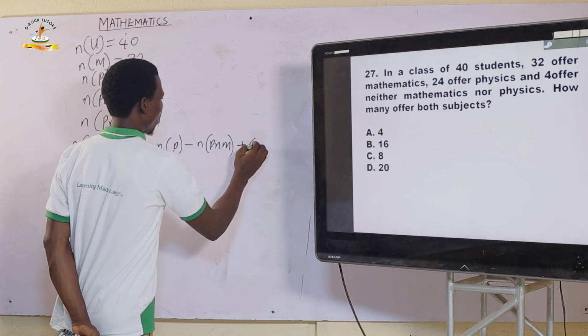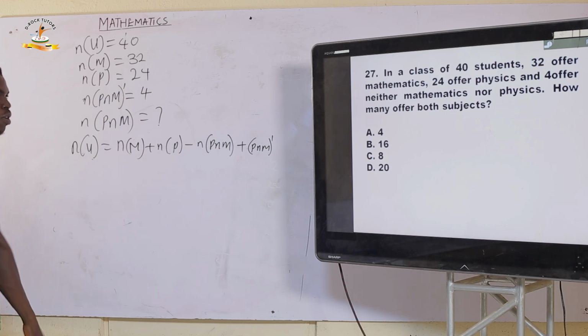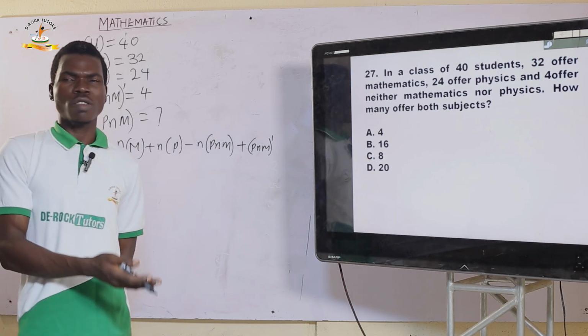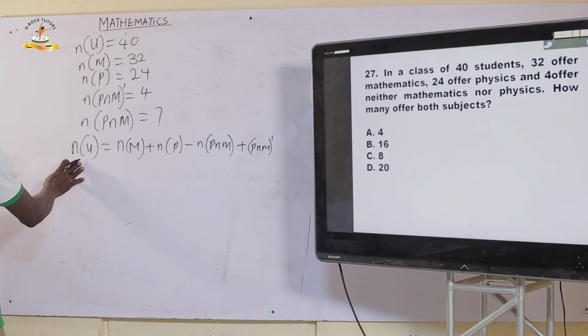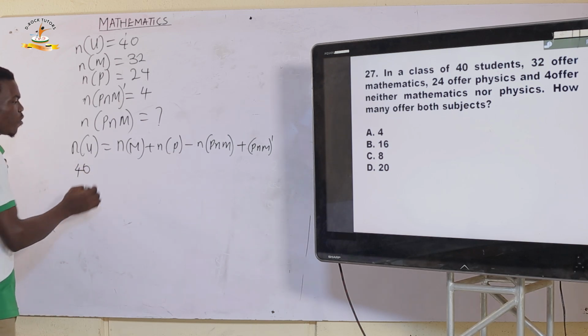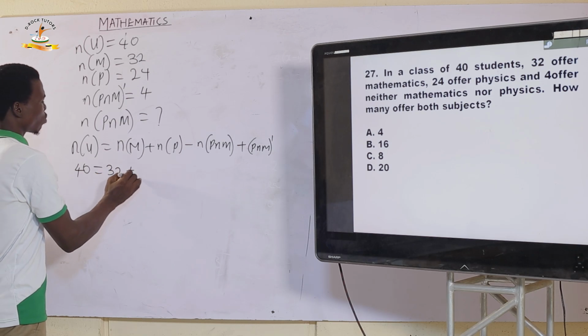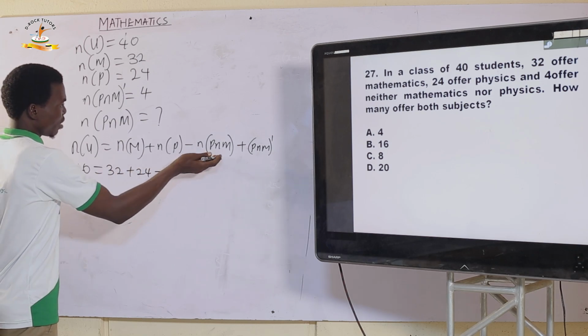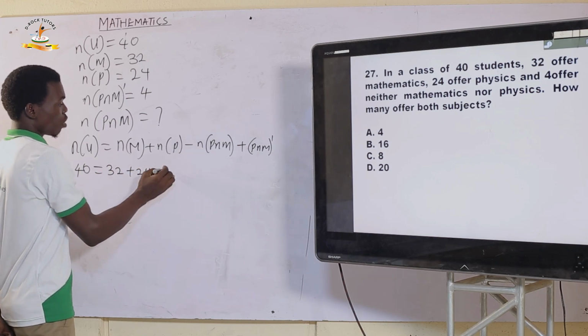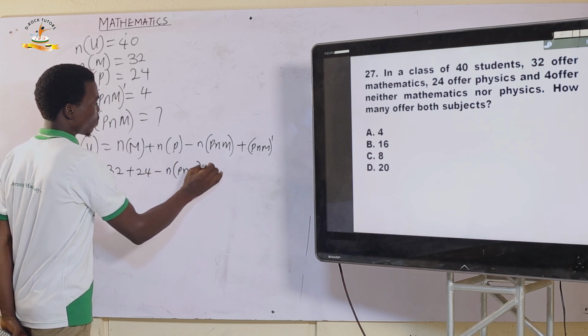So we will write (P union M) prime, and that is our De Morgan for this kind of situation. And our n of the universal set is 40. So we simply write 40 equals mathematics, 32, plus 24 minus this one. This is what we are looking for.